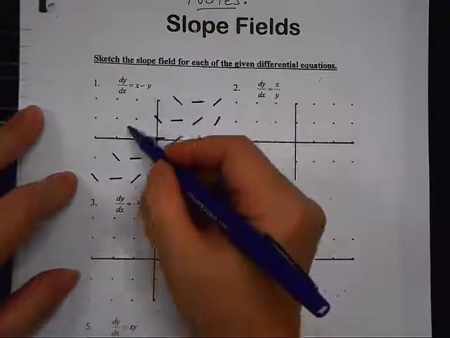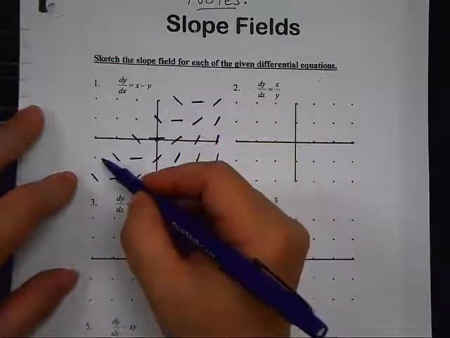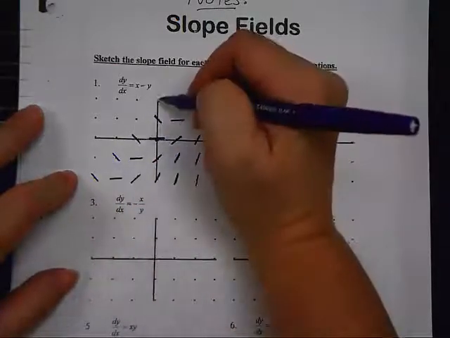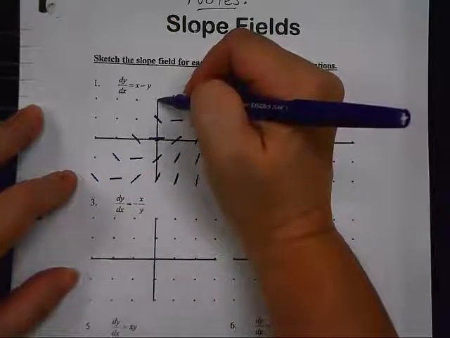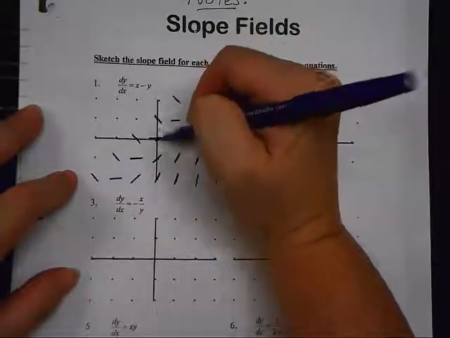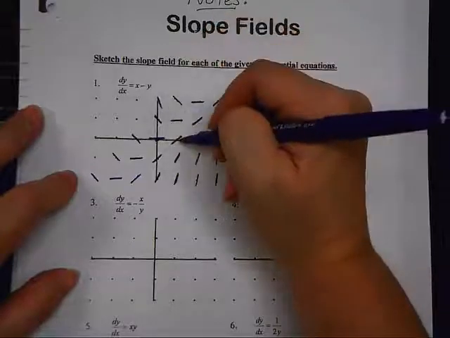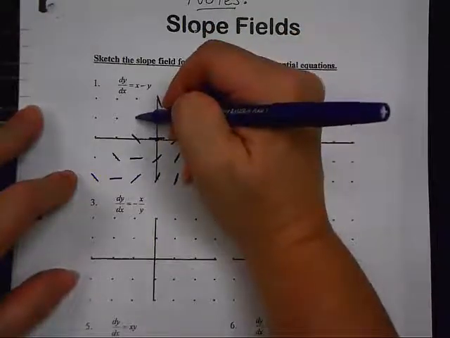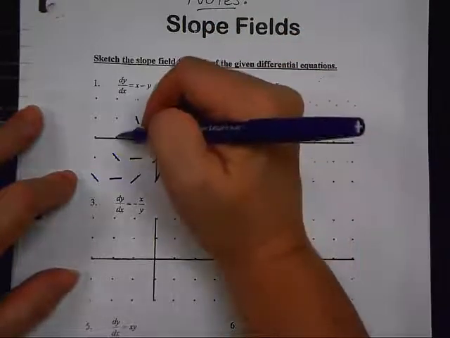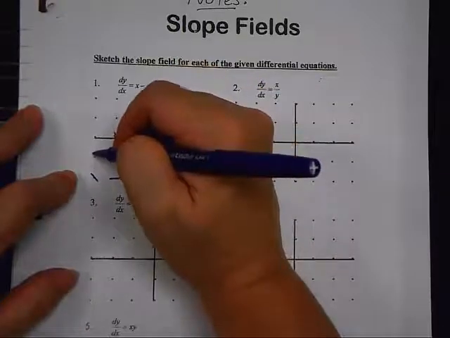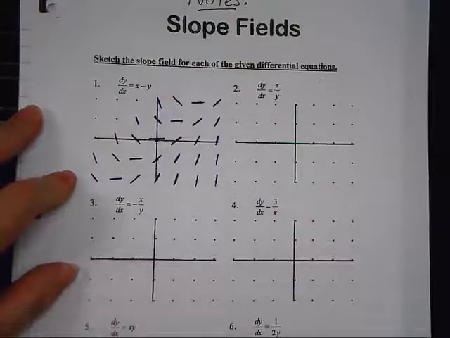So these will be negative 2. Okay? So 0, 2. 0 minus 2 is negative 2. So down 2 and over 1. So I'm pointing towards that point right there. That one right there. That one right there. Just make them about the same.